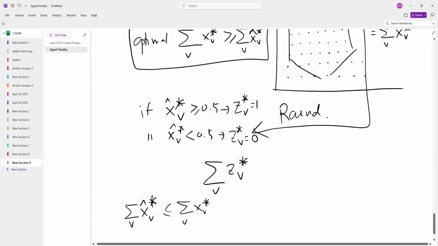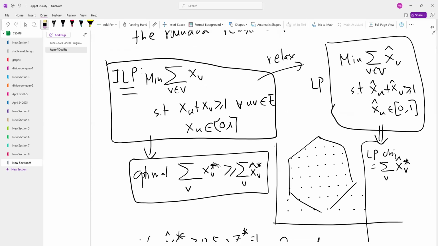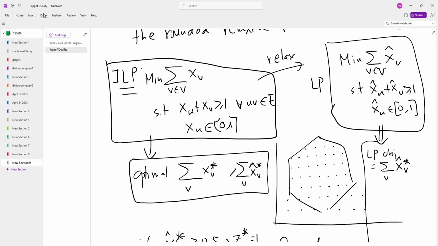It's a minimization problem, so that's right. Okay, it's minimized. Yeah, good catch. Okay, thank you.